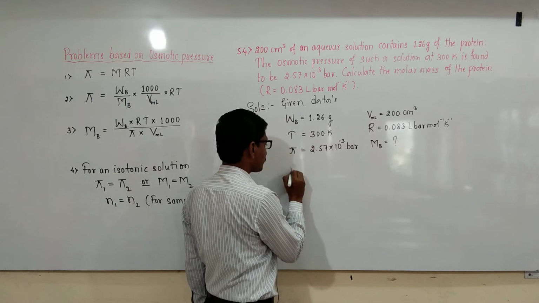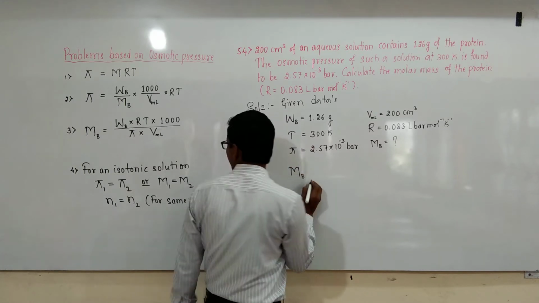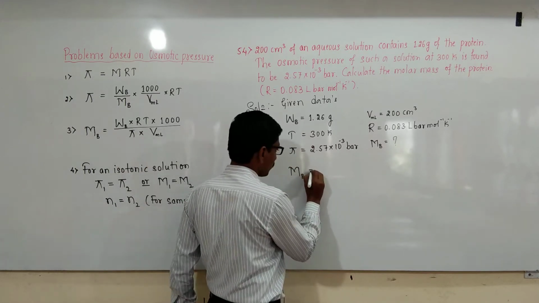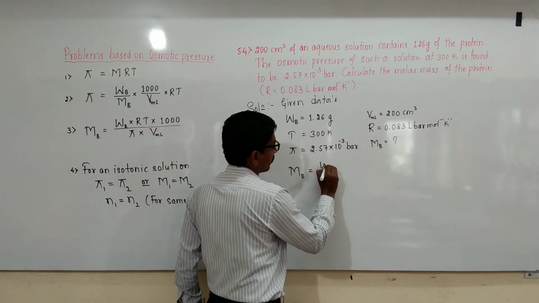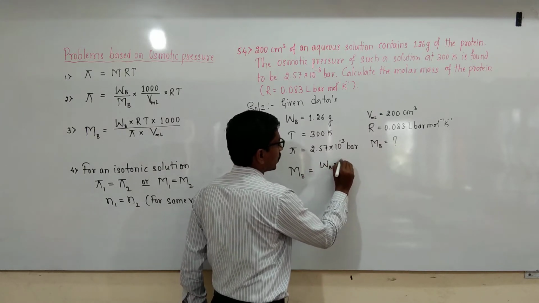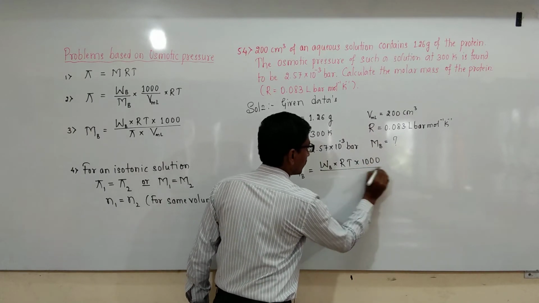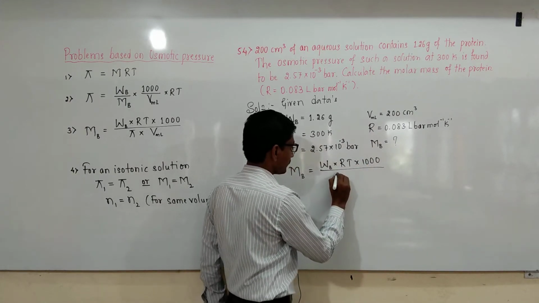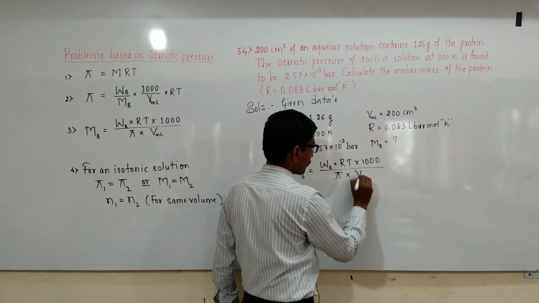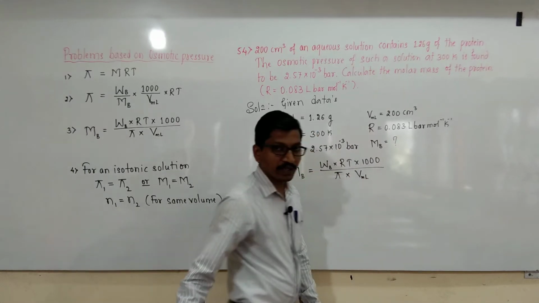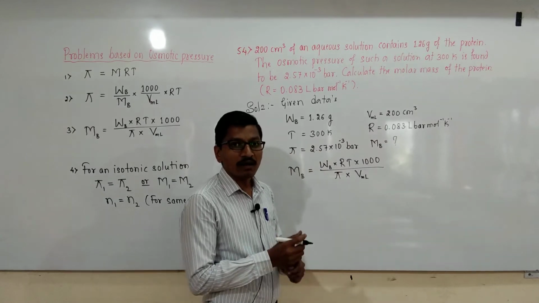Now, the direct relation that MB is equal to WB into RT into 1000 divided by pi into V in mL. For writing the formula, 1 mark.